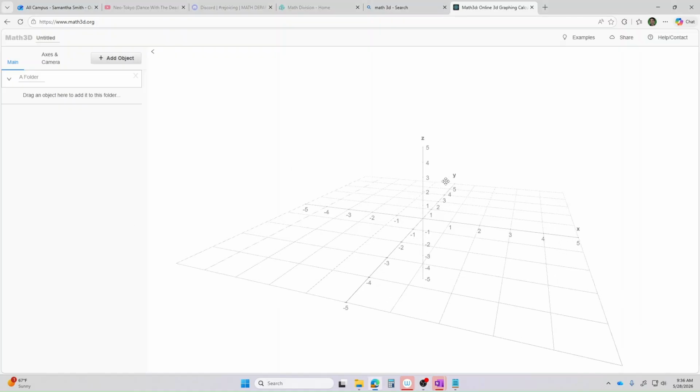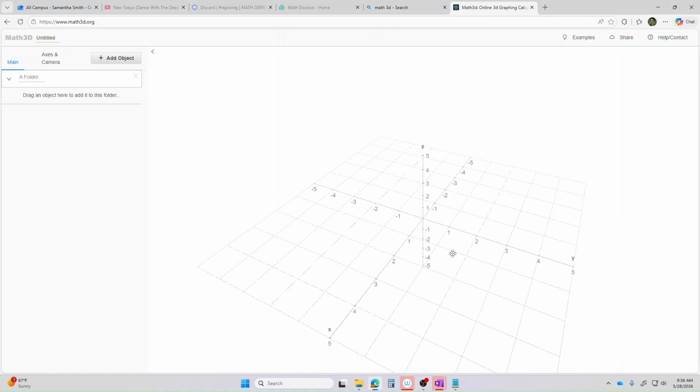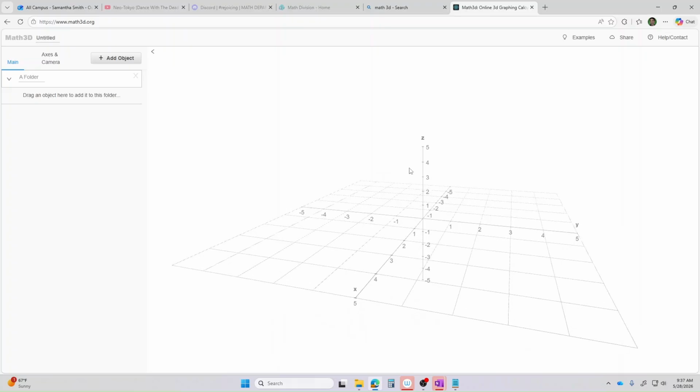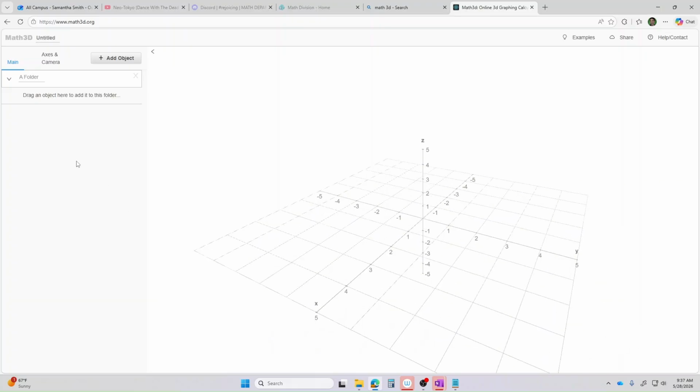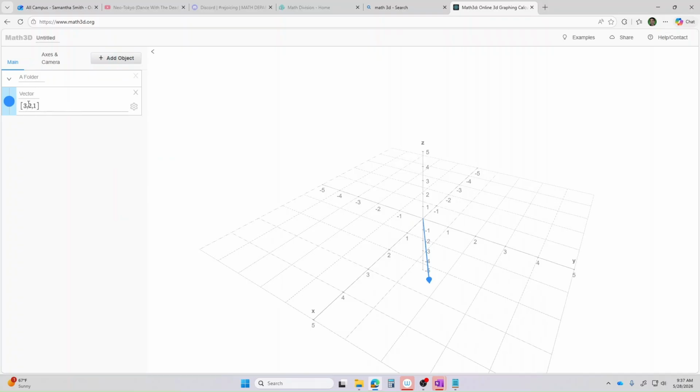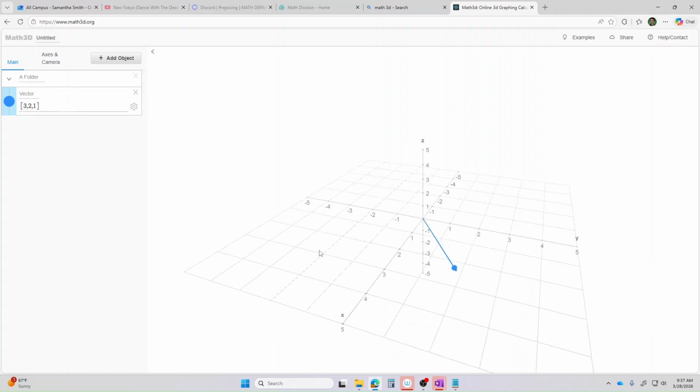So here I am, for example, on Math 3D, and you can see that they've given us a copy of three-dimensional space here. I'm going to go over to the left-hand side and add an object, and I'm going to add a vector object. And it's given me sort of an example vector with the syntax that it wants to use. This software wants to use the syntax of square brackets for the vector.